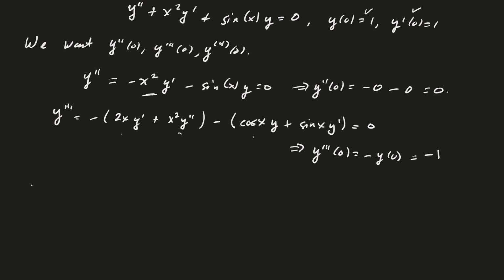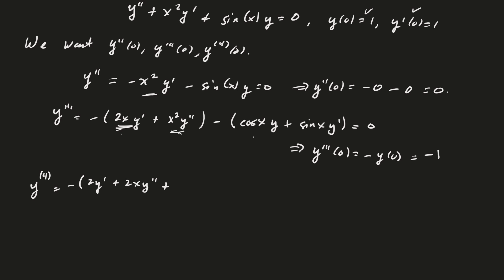Good. And now for the fourth derivative, you just have to differentiate again. So it's going to be a long expression, but we just differentiate piece by piece. Each piece uses the product rule again. So let's see, derivative of the first one will be 2y prime plus 2x y double prime.